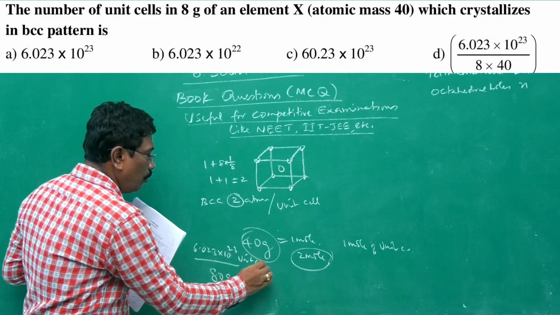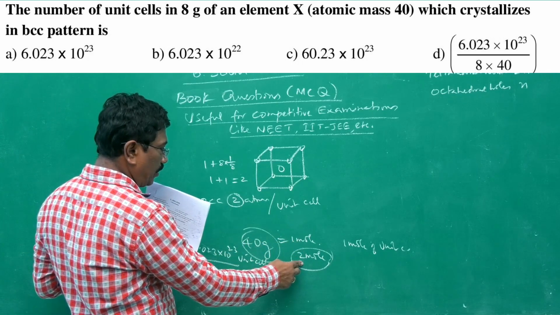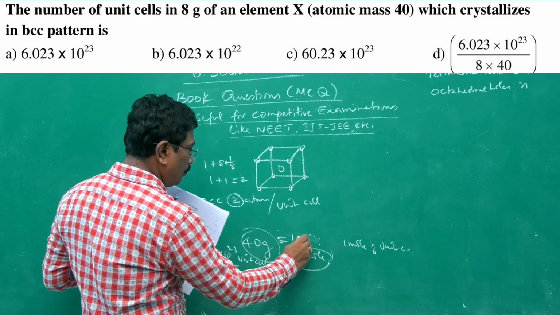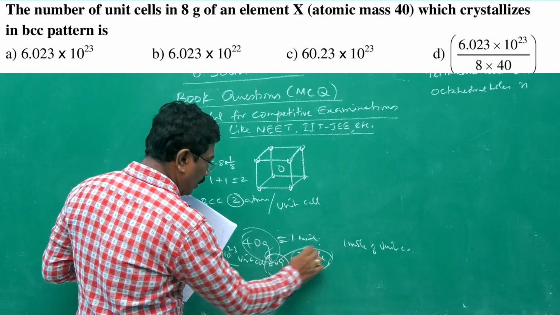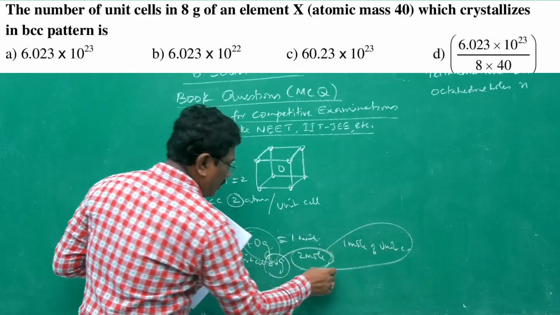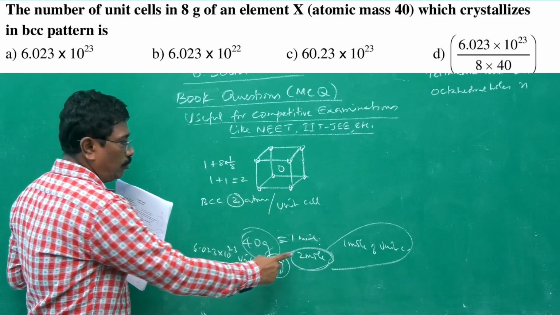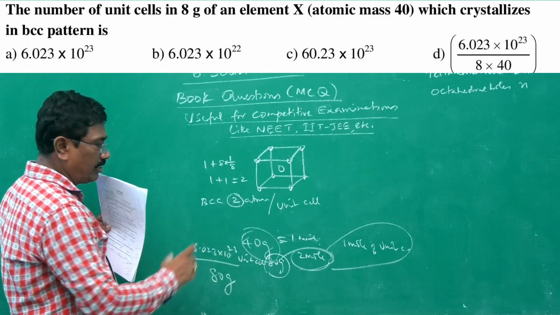This many unit cells are in 1 mole. 40 gram contains 1 mole of atoms, and 80 gram contains 2 moles of atoms but 1 mole of unit cells, because 2 atoms make 1 unit cell, so 2 moles make 1 mole of unit cells. So 80 grams should contain these many unit cells.